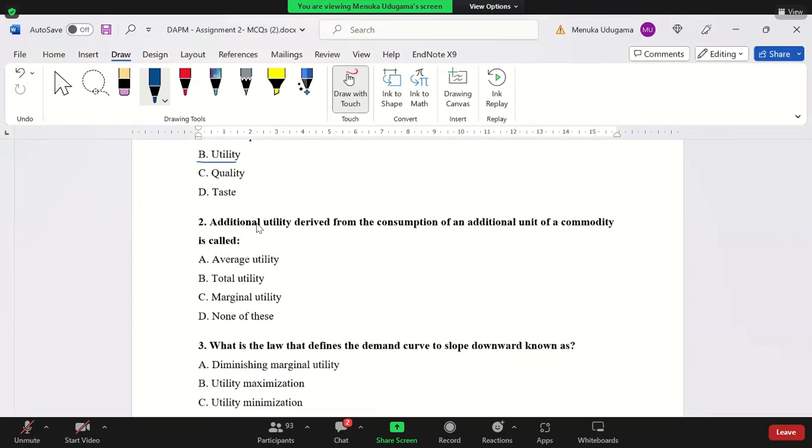Question number 2: the additional utility derived from the consumption of an additional unit of commodity is called what? So when you see the word additional, you know what we're talking about, isn't it?